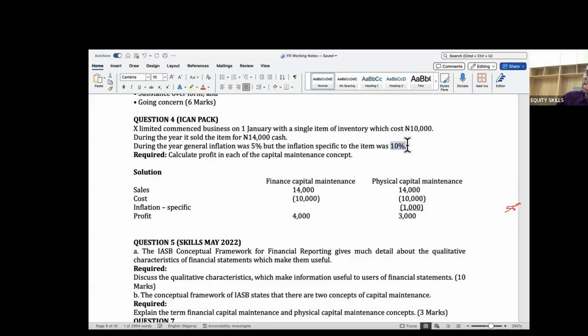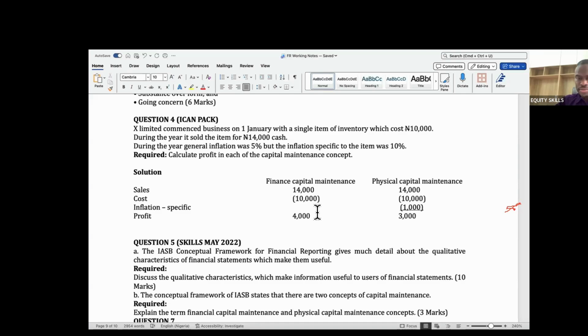So you use the inflation specific to the item, not the general, because we are considering whether you can buy the item back. The price of the item has increased by 10%. So you need to consider that as part of your costs, so that you will not be spending your capital. So you do 10% of the cost, which is 10,000, and it gives you 1,000. That means your cost is 11,000, not 10,000 as recognized under financial capital maintenance. So under physical capital maintenance, your profit is 3,000, which makes sense.